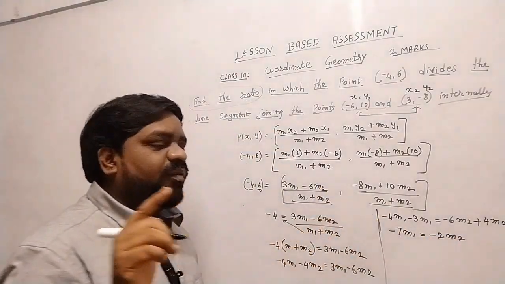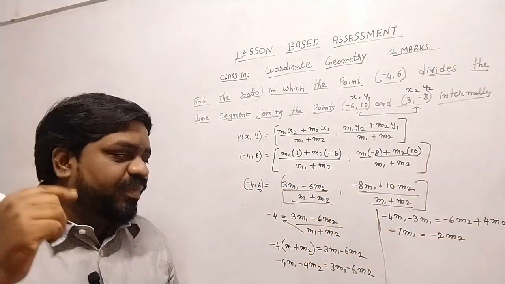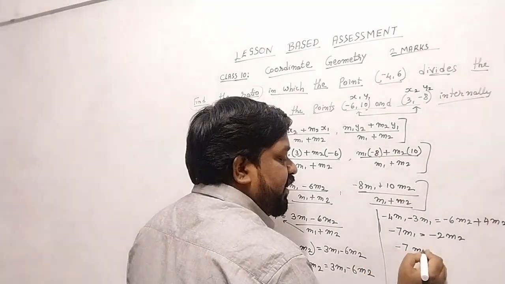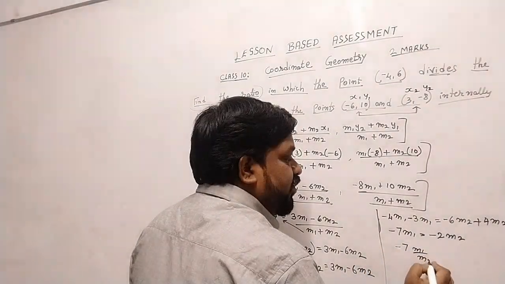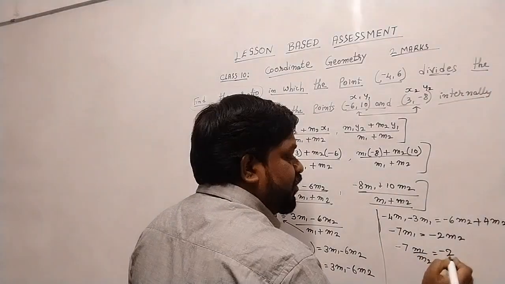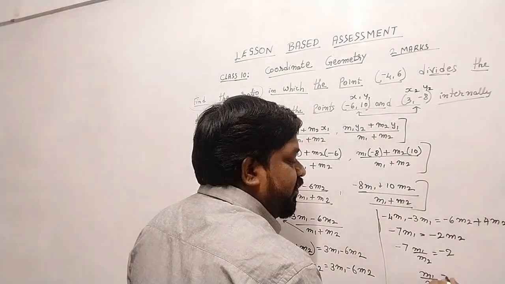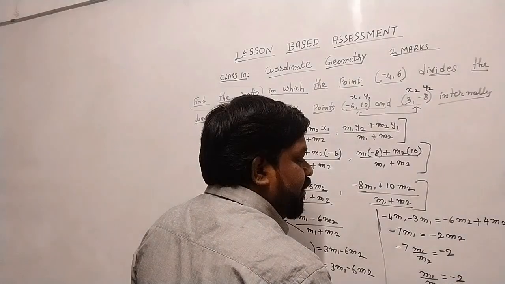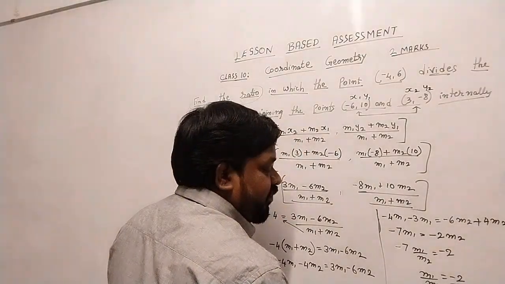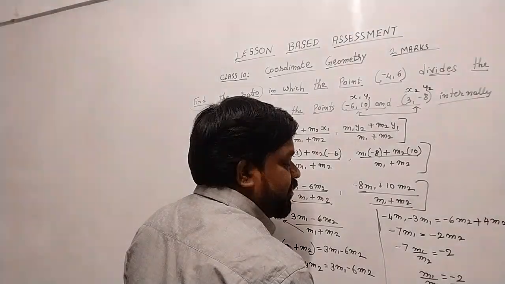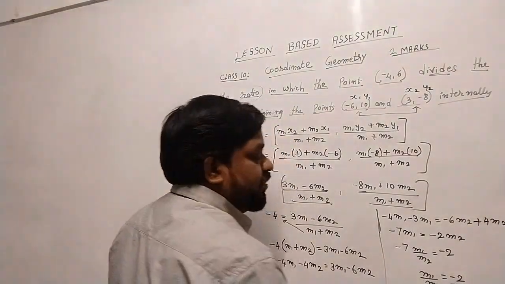We need the value of ratio, that is m1 by m2. Therefore minus 7 m1 by m2 equals minus 2, m1 by m2 equals minus 2 by minus 7. So we can write it as m1 is to m2 equals 2 is to 7.